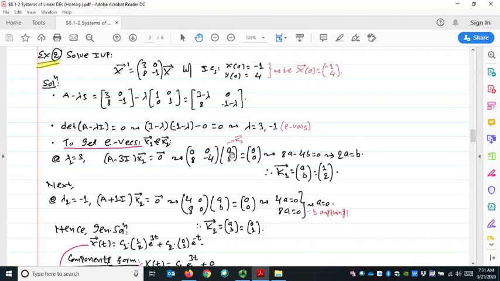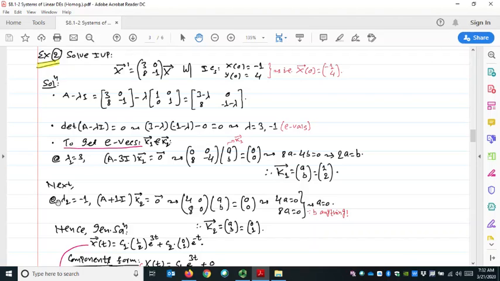Multiply these two matrices, which gives the equation 8a minus 4b equals 0. From there 2a equals b, so pick b equals 2, a equals 1. So we found the first eigenvector corresponding to lambda equals 3.